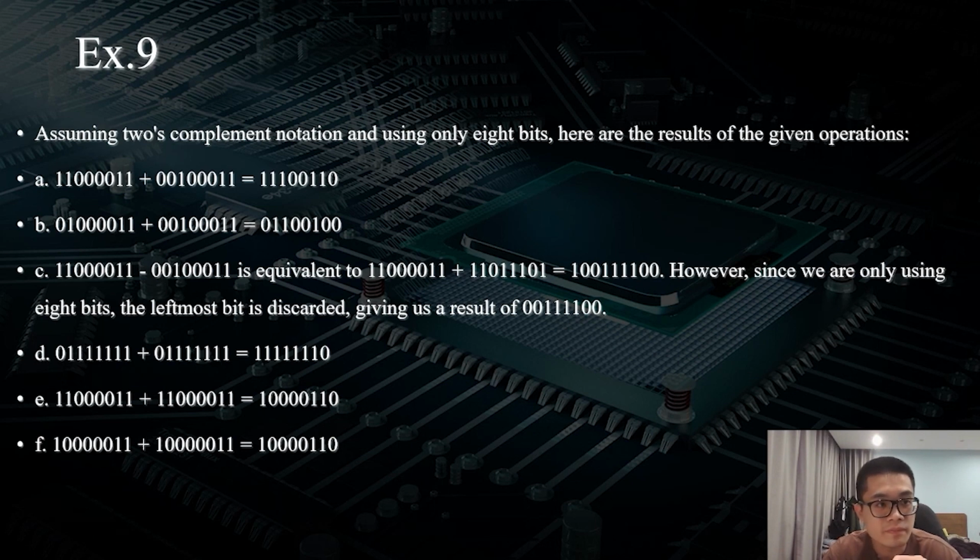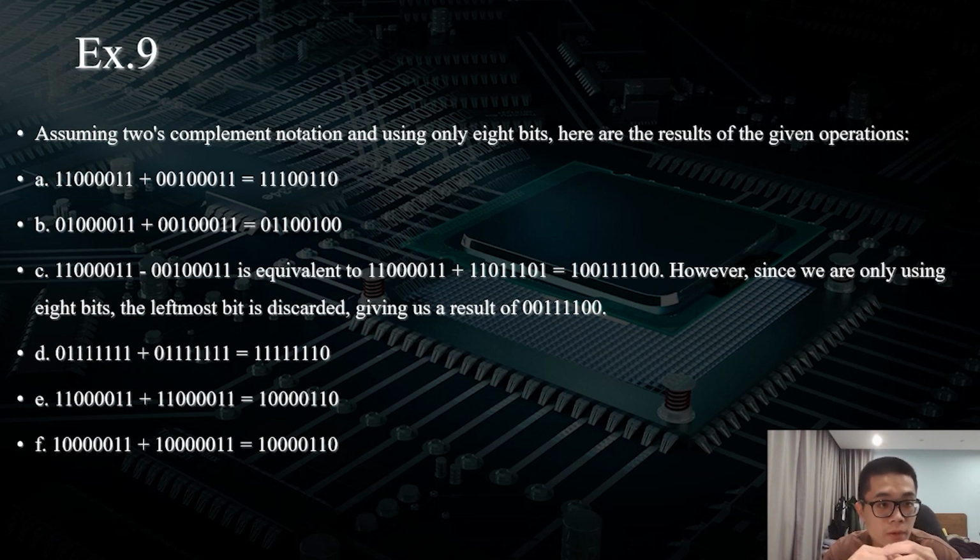With B we do the same, and the result is 01100100. With D, E and F, we add two numbers and have the result on the screen. You can see that C is the exception among them.